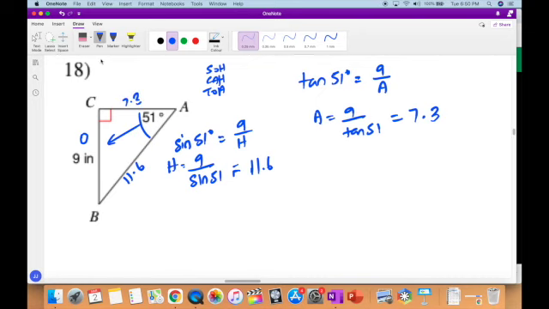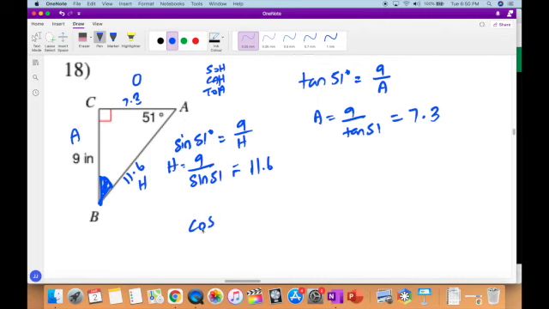So now we want to find this missing angle here. Let's use this 9 because the question gave us that 9, so I'm sure it's correct. Remember, in terms of this angle now, this will be the hypotenuse, this here is now the adjacent, and this here is now the opposite. Let's use cos, adjacent.